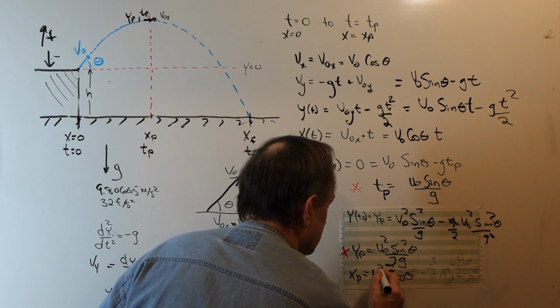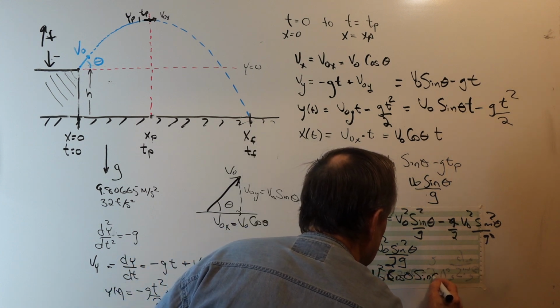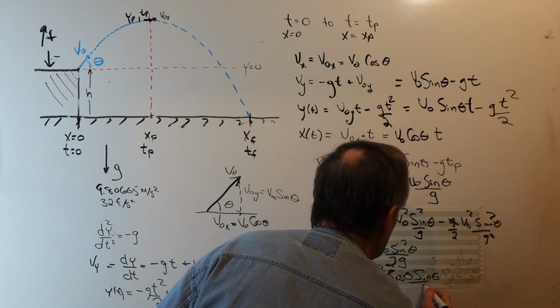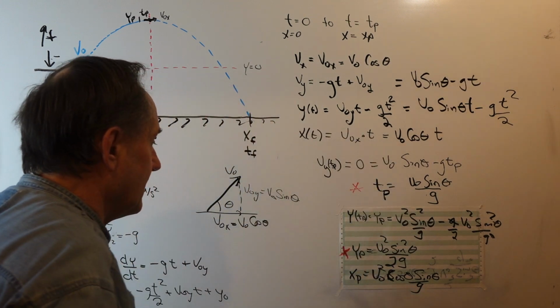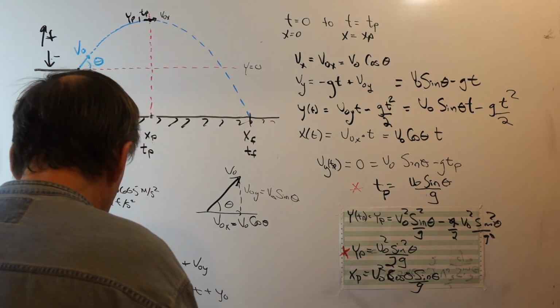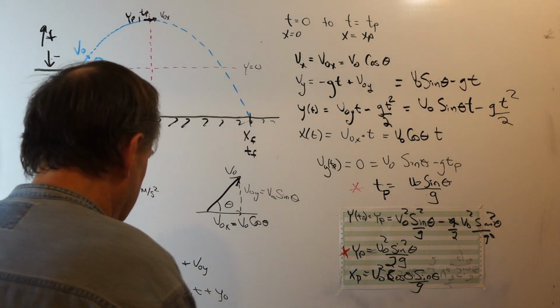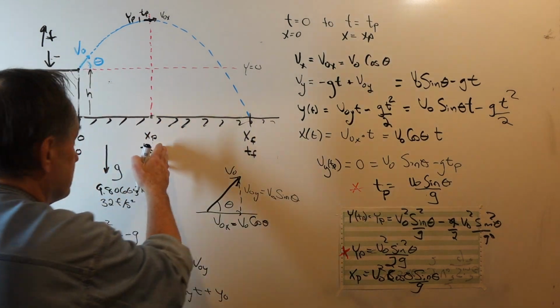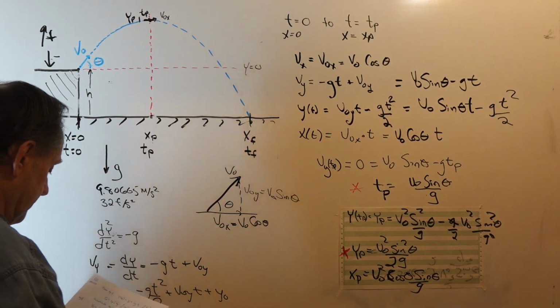So we get v0 squared times sine theta cosine theta all over g. So that's the distance it travels once it reaches the peak.